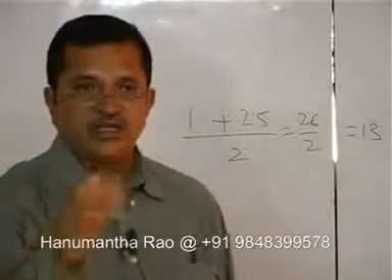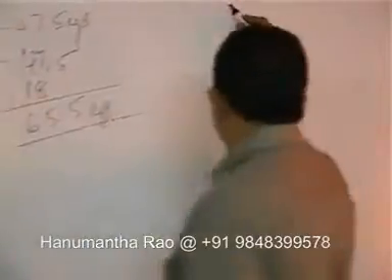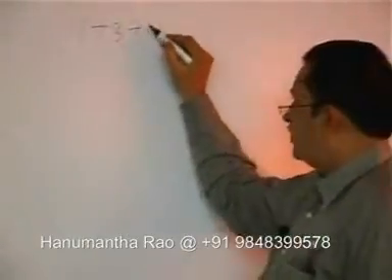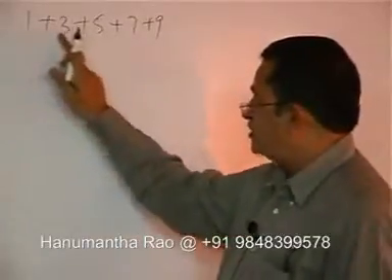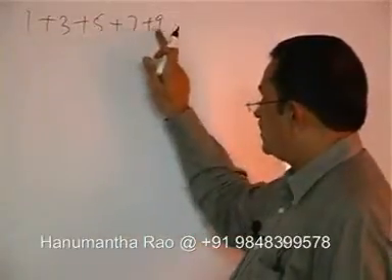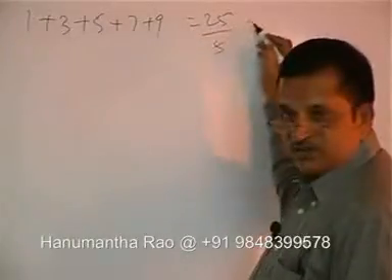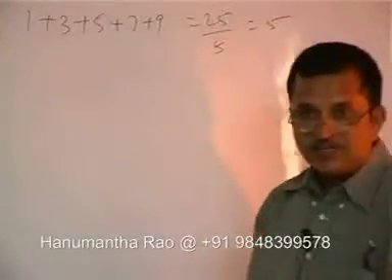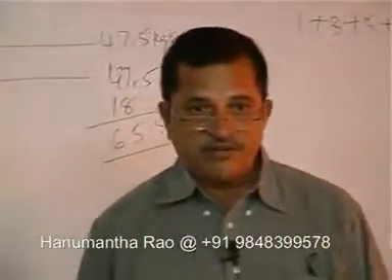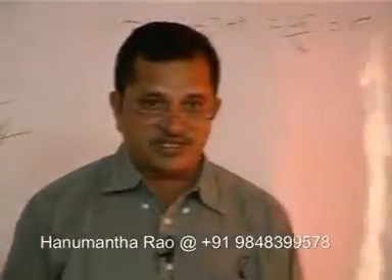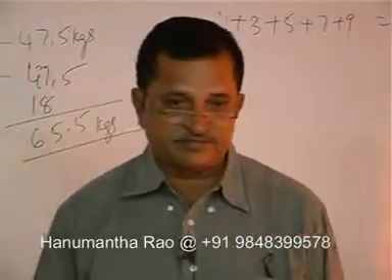I'll take the first 5 odd numbers: 1 plus 3 plus 5 plus 7 plus 9. 1 plus 3, 4 plus 5, 9 plus 7, 16 plus 9, 25. 25 by 5, is it not? 5. So the average of the first 5 odd numbers is 5. The average of the first 6 odd numbers is 6. So the average of the first 25 odd numbers is 25.